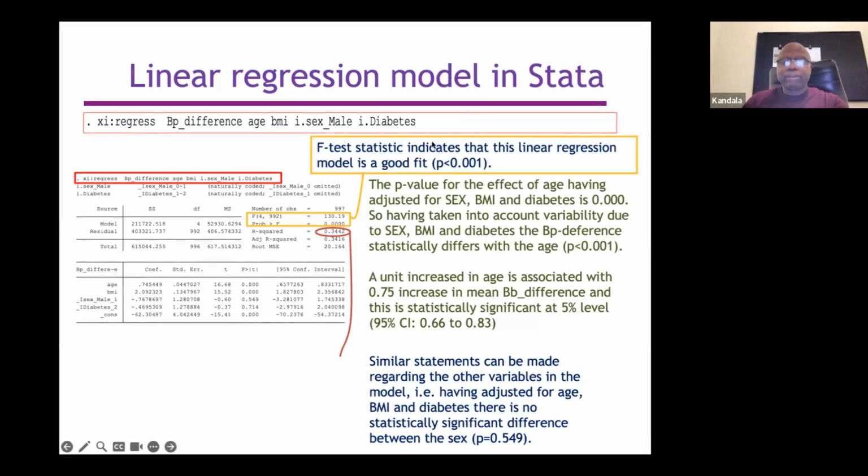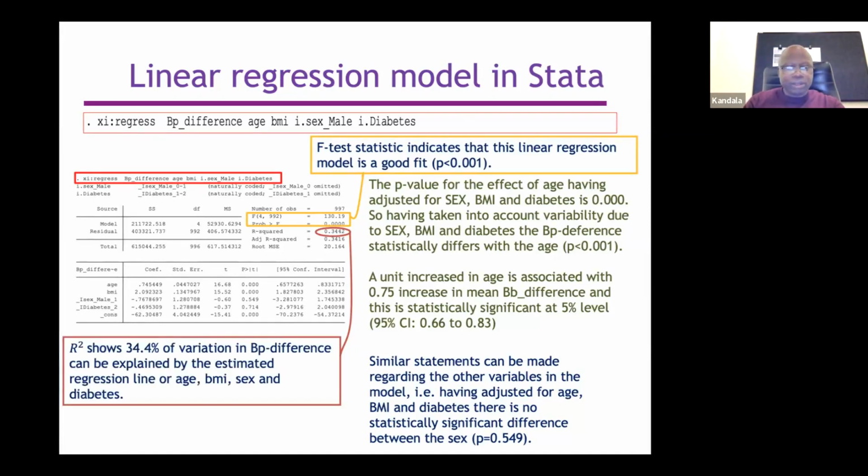So, remember the F statistic indicates the linear regression model is a good fit because it's less than 0.05. And we have already explained all this.